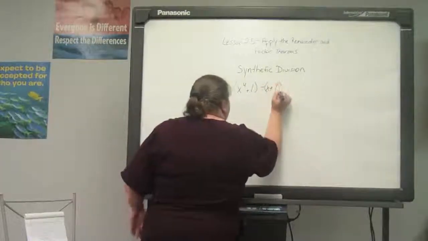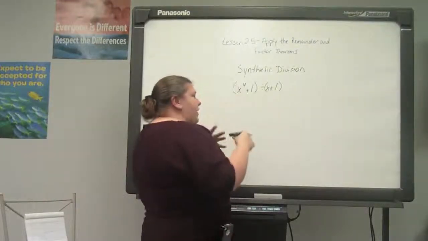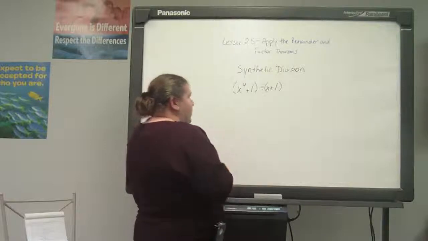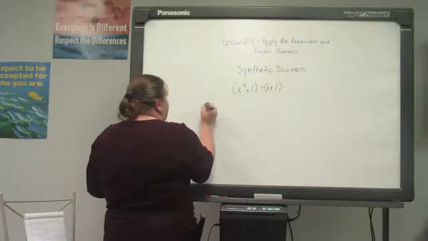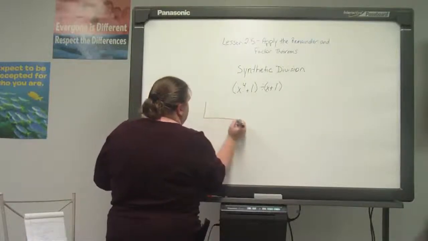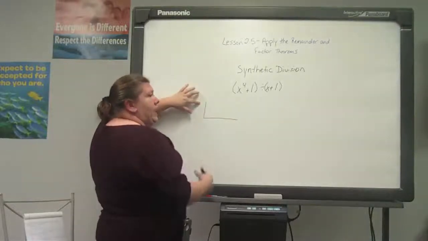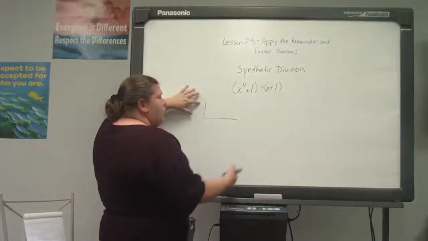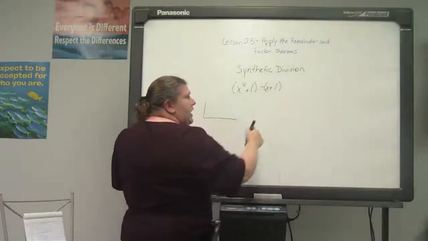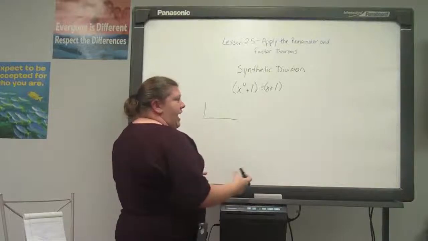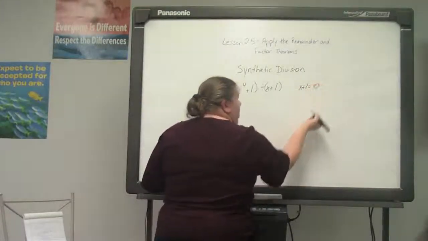So, in this, one thing to keep in mind, if you think back to our last lesson where we talked about synthetic substitution, the number on the outside, they just told us when x is 2. Well, this time, saying x plus 1, we have to solve that by saying x plus 1 equals 0.